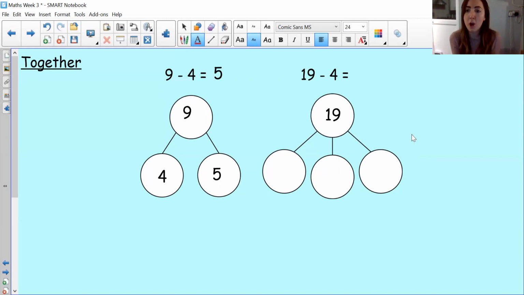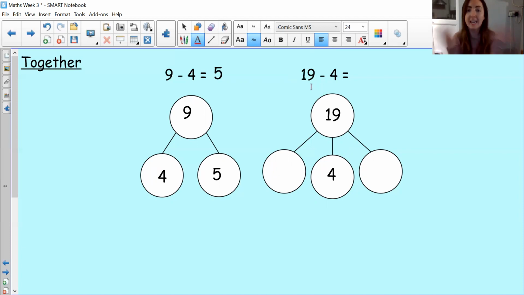And then we know that the part we are taking away is 4. So now all that's left to do to help us work this out in an easier, quicker way is break 19 up into 10s and 1s.